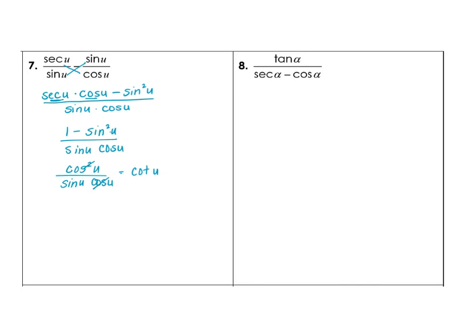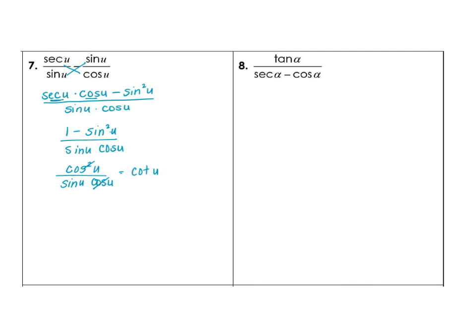Number 8. Now this time we're not able to decompose that fraction because it's not just a single term in the denominator. And so this problem, it looks like the best thing to do is go to sine and cosine, simply because that's about the only thing these would have in common.